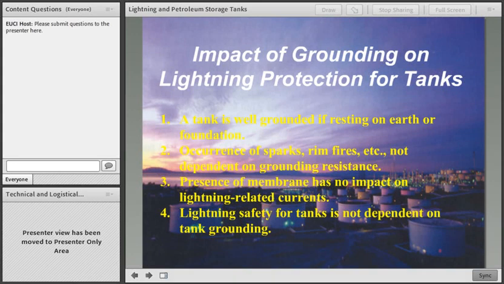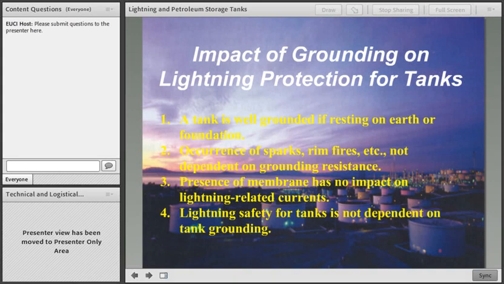Number three, some owners have a membrane under the tanks, and this would be to prevent any escaped fluids from going into groundwater. And basically, even though this membrane is made of rubber or plastic or neoprene, it does not impact lightning-related currents on the tank.